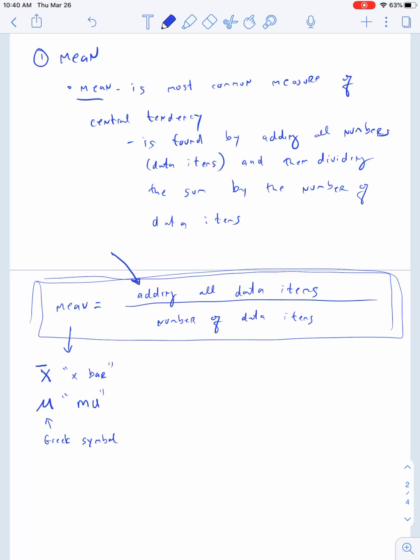Adding all the data items, the top part, we can show by a different notation. It looks like an E. It's a Greek letter, you might have seen it in a fraternity or sorority. Adding all the data items can be shown in this form. This symbol means summation. We'll see this again in our next section. So the summation of X means we're summing all the X values.